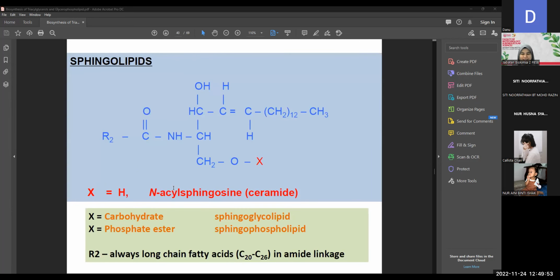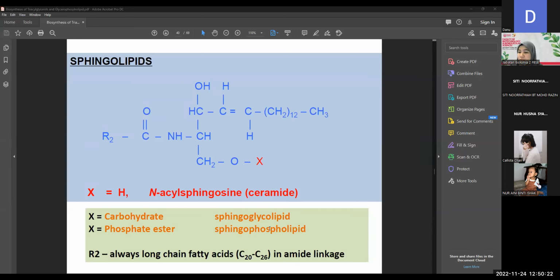This is similar to the glycerophospholipid. It has this head group, and other molecules can link to it. When a carbohydrate is attached to this ceramide, it will be known as sphingoglycolipid.